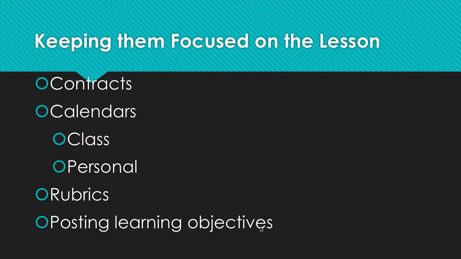Because again, if you don't have that, they might get mired down in something else, and so eventually their final product does not reflect what you wanted them to learn. So keeping them focused on these by using learning objectives is that visible learning that Hattie talks about. Here's what I want you to learn. I'm not making it secretive. Make sure you learn this, so keep that in mind whenever you're doing your work.